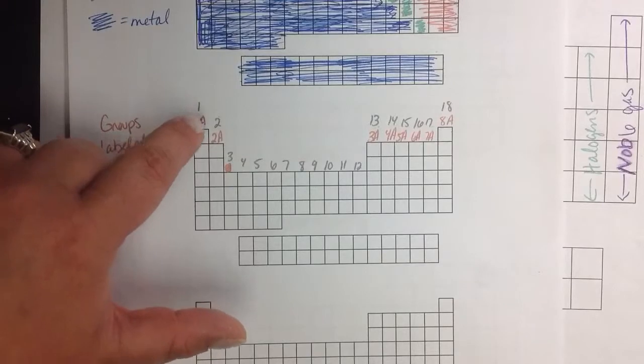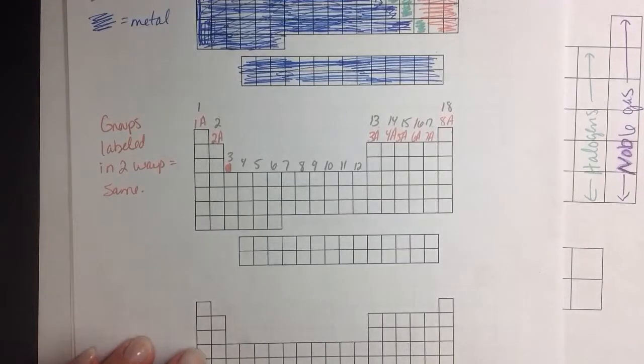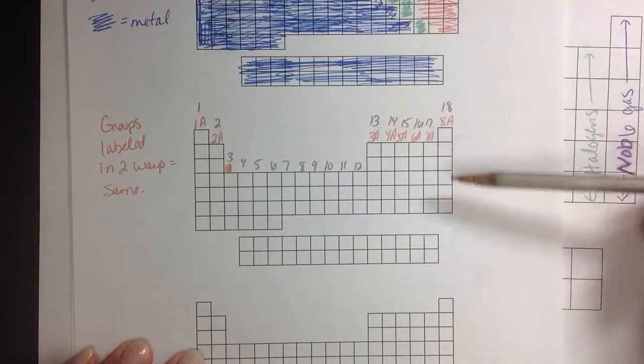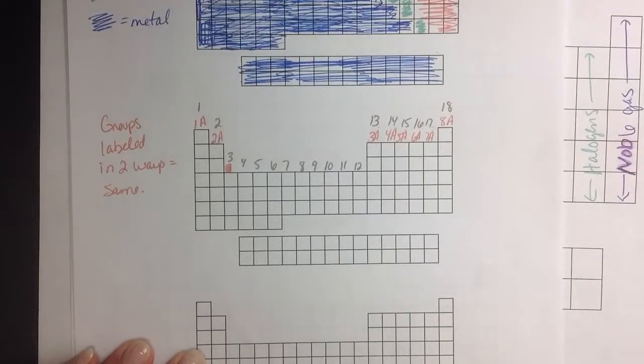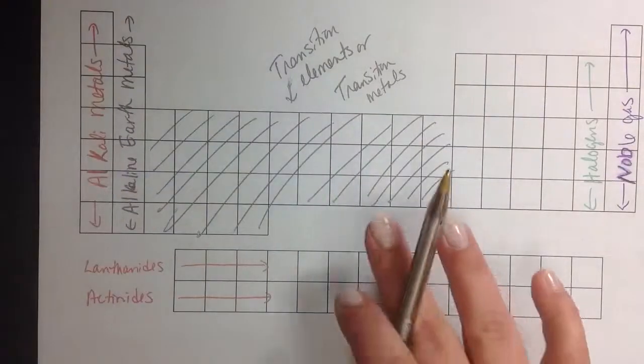And sometimes you just see the 1 through 18. Both of those have meaning, which hopefully will become apparent in time. Groups down the periodic table have much more in common as far as the reactivity is concerned, and that leads me to this.